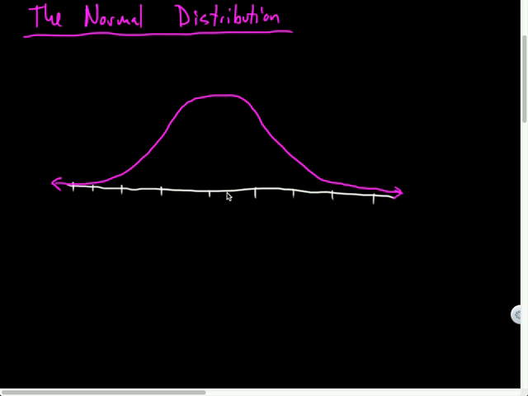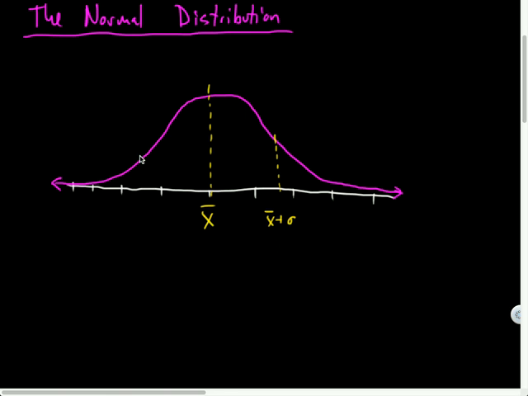And the highest point on this normal distribution occurs at x bar. And what is x bar again? The mean, right? So I'm talking the average of my data. And it turns out that if I add a single standard deviation to my data, I would have x bar plus sigma here.